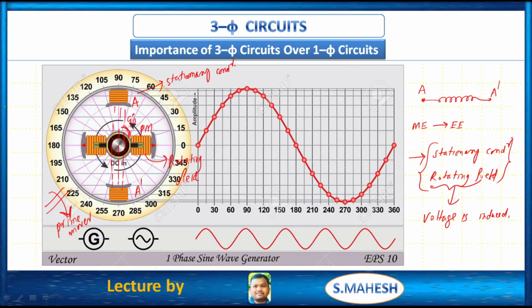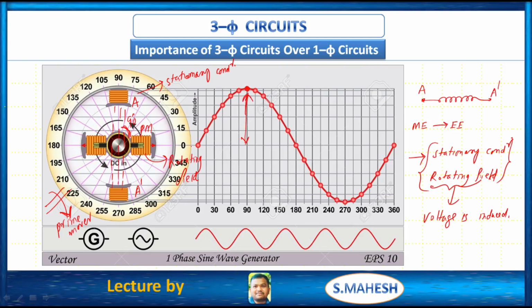When we get the maximum flux cutting, obviously we get the maximum voltage. This is the point at which we get maximum voltage. From here to here we have maximum voltage.